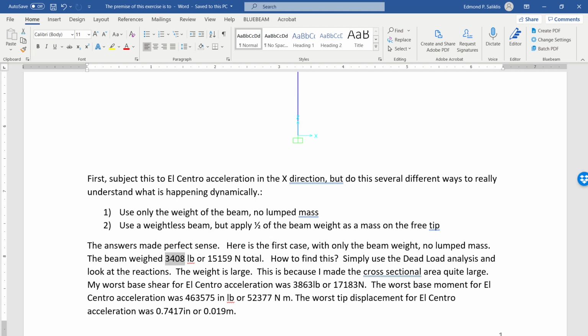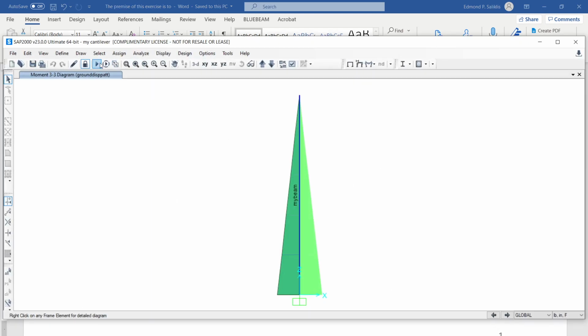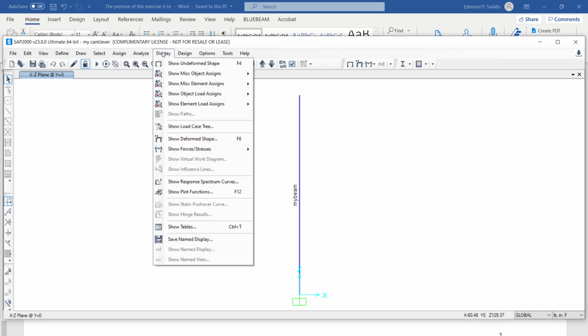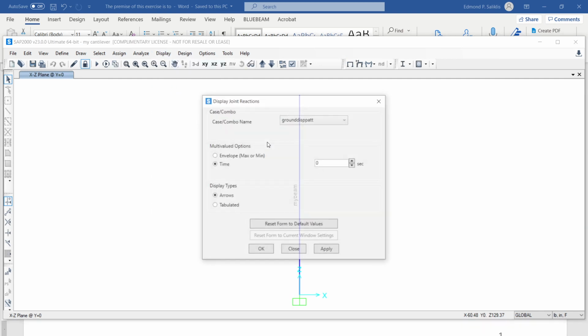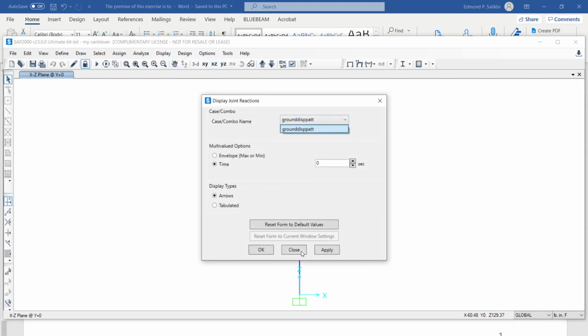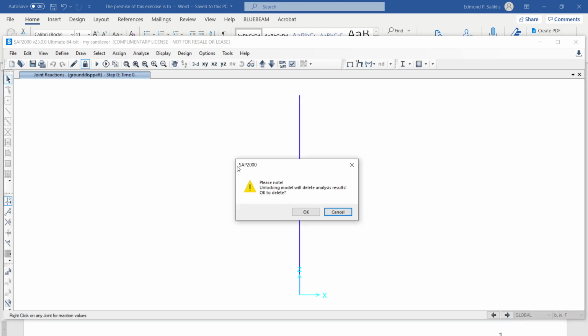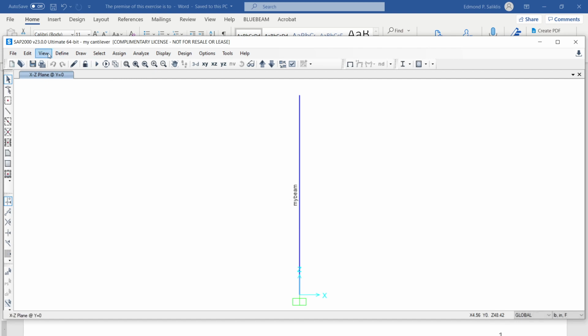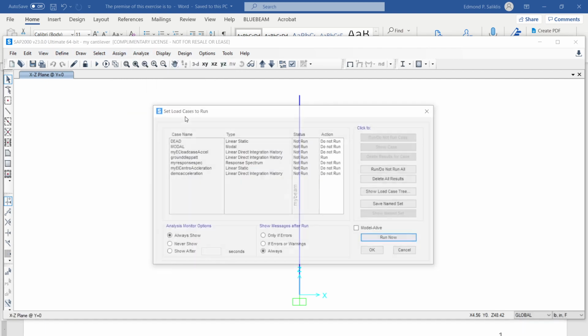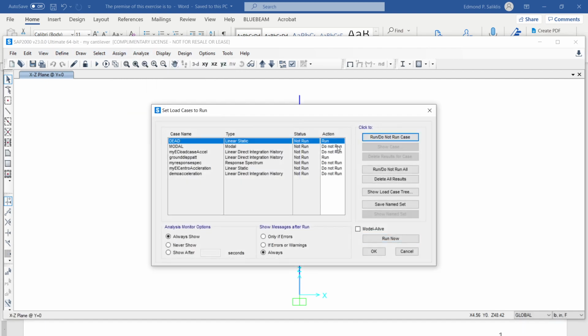Well, the weight of the beam is easy to find because what you could just do is create a beam and then display the reactions for dead load. So on your analysis, analyze, we'll run the dead load.